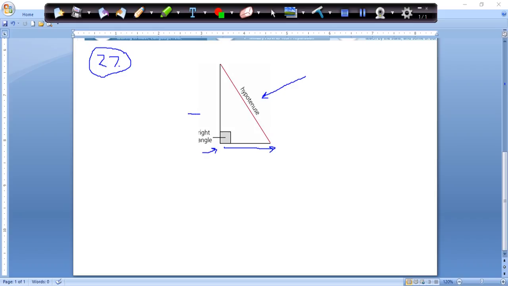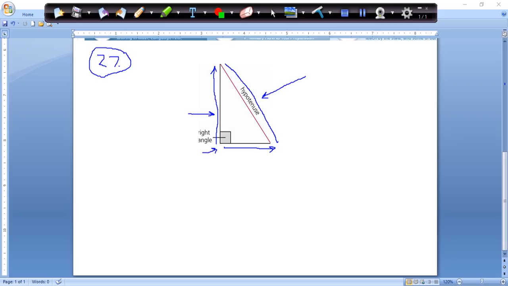Because here was the pole. In your book, you'll see the pole is here. And that angle is stretching all the way up 12 feet. So from here down there is 12 feet. It told us that here.